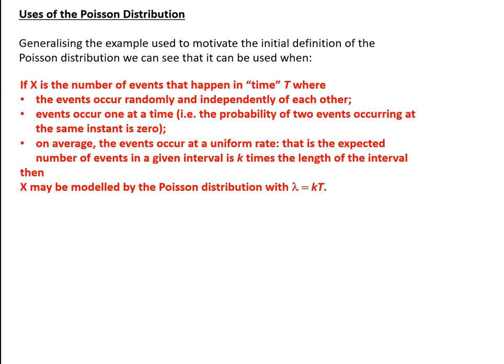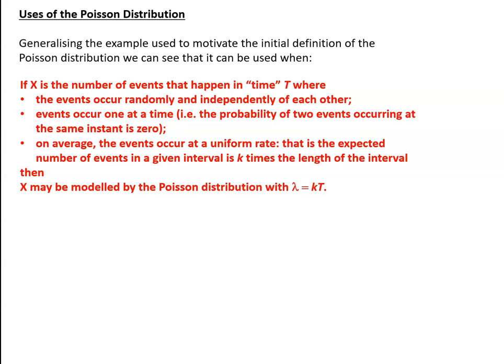And generalizing the example that we've looked at, and which we've used to motivate the initial definition of the Poisson distribution, we can see that the Poisson distribution can be used when x is the number of events that happen in a time t where the events occur randomly and independently of each other. Events occur one at a time, so you can't have 2 events occurring at the same instant.